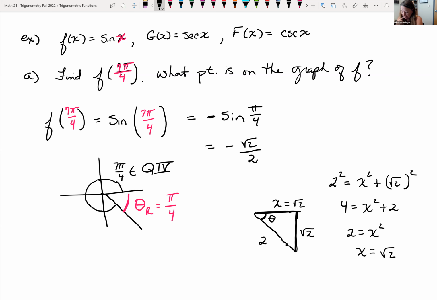So let's think about this for a second. Our x value in quadrant 4 is positive. So this x value, this piece right in here, is positive, and our y value, getting us down here, is negative. And so our point is going to be root 2, and then y is negative root 2.